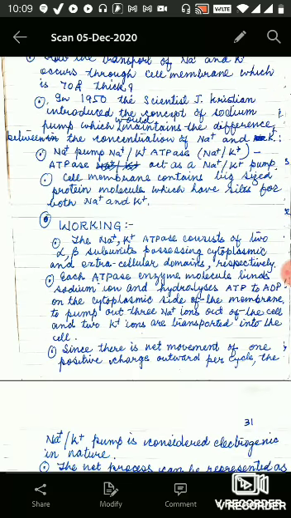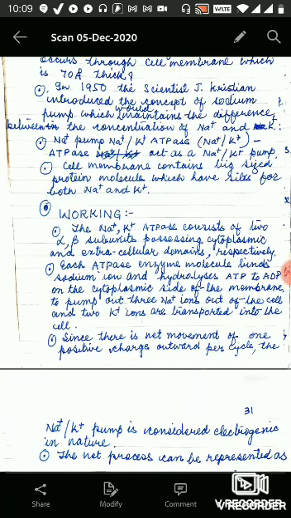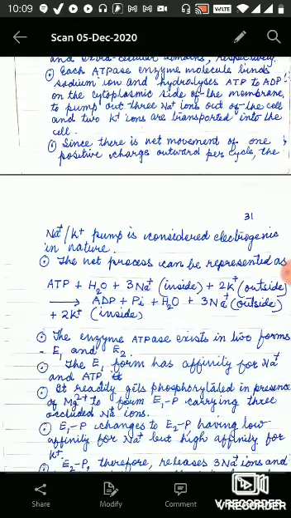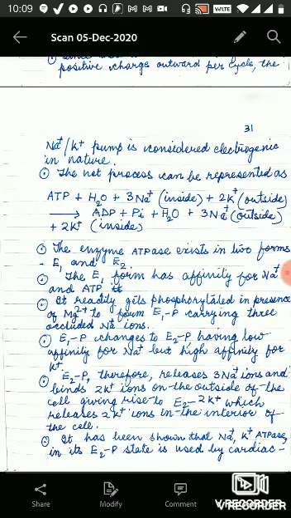Since there is a net movement of 1 positive charge outward per cycle, the sodium potassium pump is considered electrogenic in nature. Now what is electrogenic? Producing a change in the electrical potential of a cell is known as electrogenic.